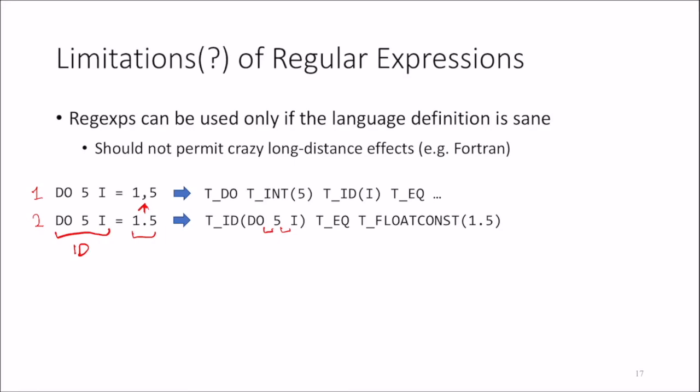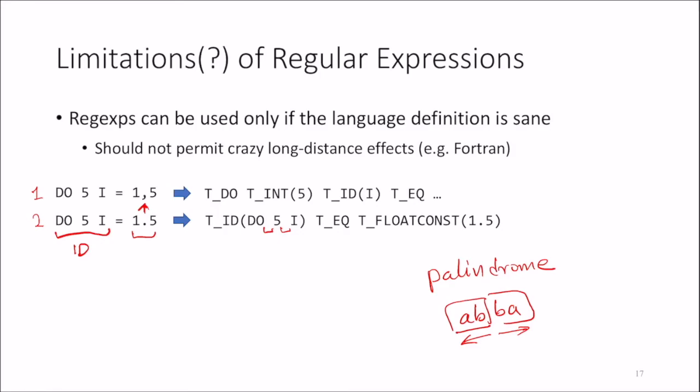Another example would be palindromes. A palindrome is just a sequence of symbols that is a mirror image. So you can see that A, B, B, A are mirror images of each other.